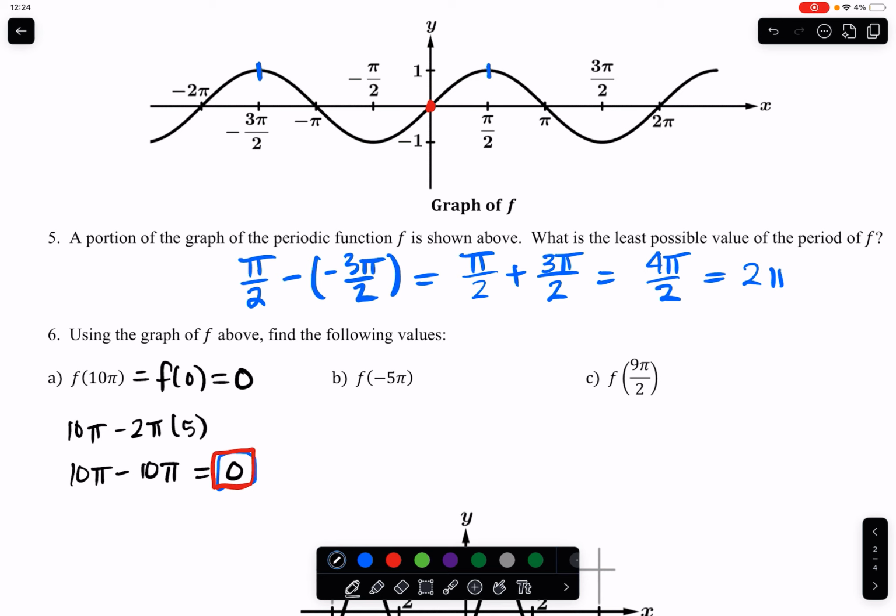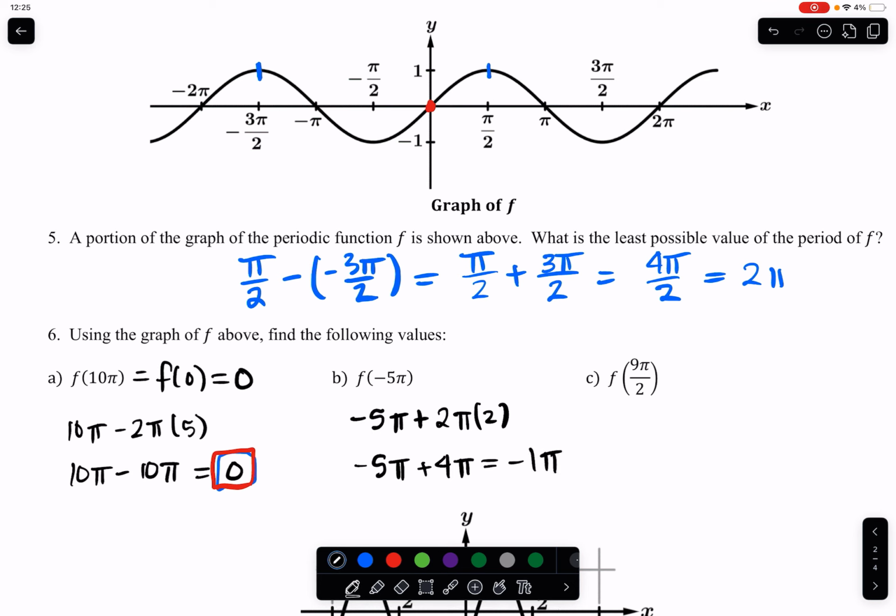Now in this next example, again, we don't go as far as -5 pi. So what I'm going to do is add the value of 2 pi instead of subtracting. I'm going to add it this time, 2 times. And let's see if that works. Well, 2 times 2 is 4, and -5 plus 4 equals -1.